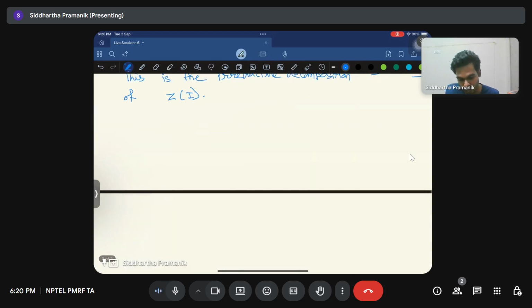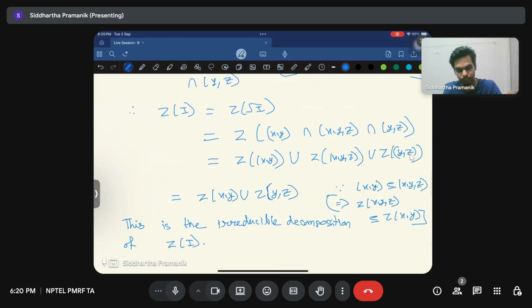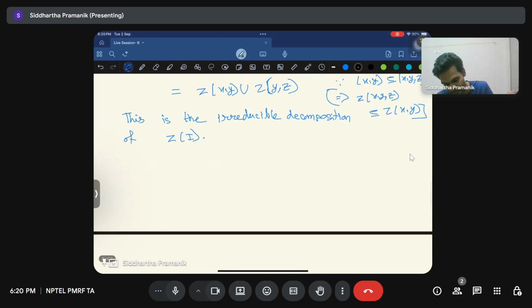Now what actually are we doing? I will put that as a remark. So we have already solved the problem. Now let's do it in an easier way.